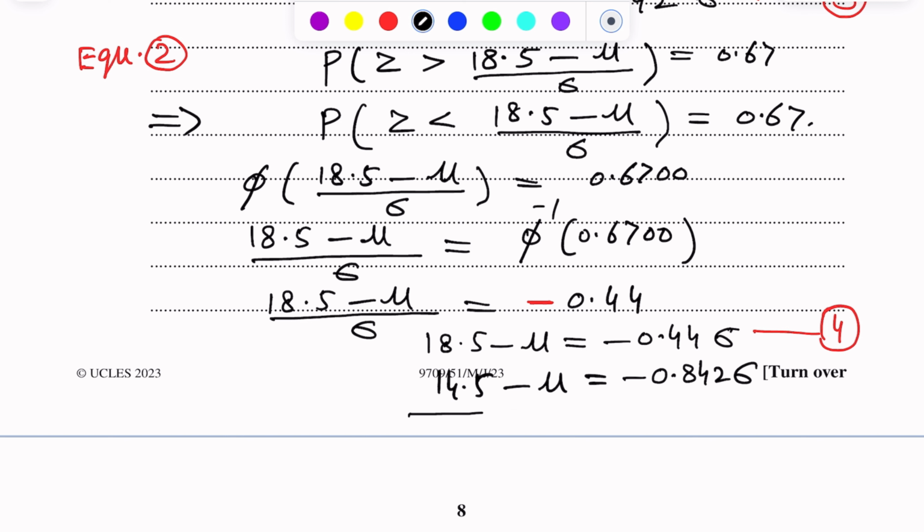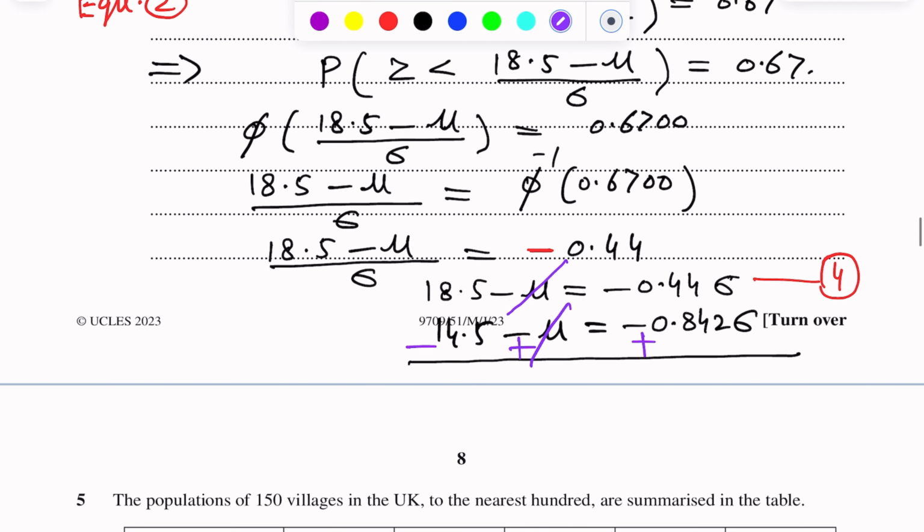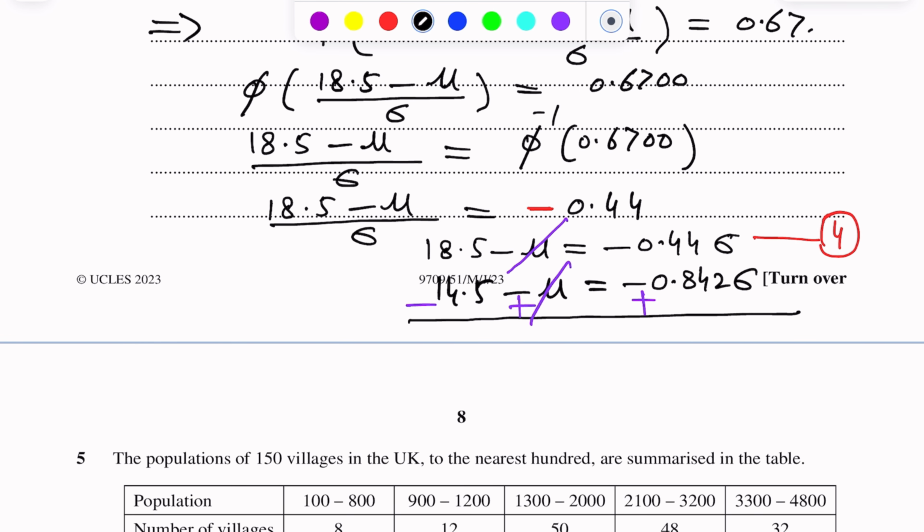Now subtracting, the sign will be changed and mu cancels out. After calculating, we get 4 is equal to 0.402 sigma.